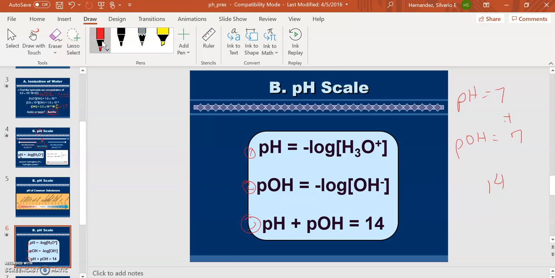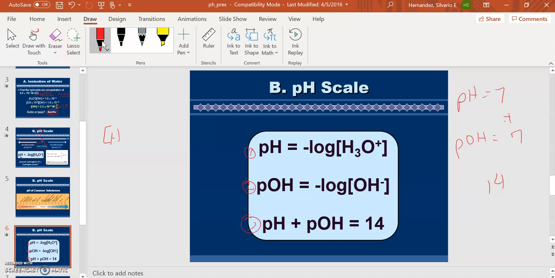Two more formulas that I'm going to write down that I think you should know are, what if they don't give me the concentrations? What if they give me a value of pH or pOH and they want me to go back and determine the concentrations? Well, then we're going to use what's called an inverse log.